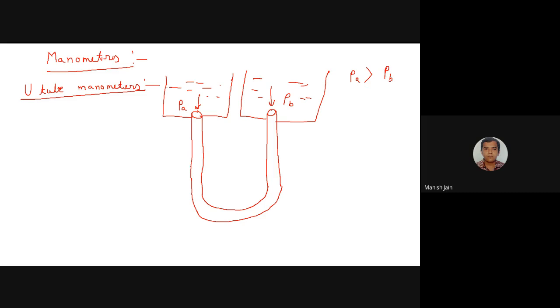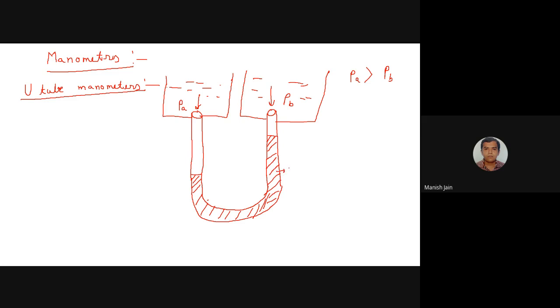So what will happen? Here you have the manometer fluid which is filled inside the manometer. In general, we use mercury as a manometer fluid.